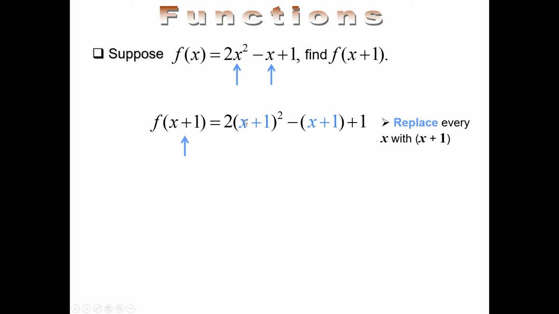You square this, multiply them together and double it, and then square this one. So x squared plus 2x plus 1. Okay? And then distribute this. You get negative x minus 1, and then you have a plus 1 at the end. Now we can distribute the 2.